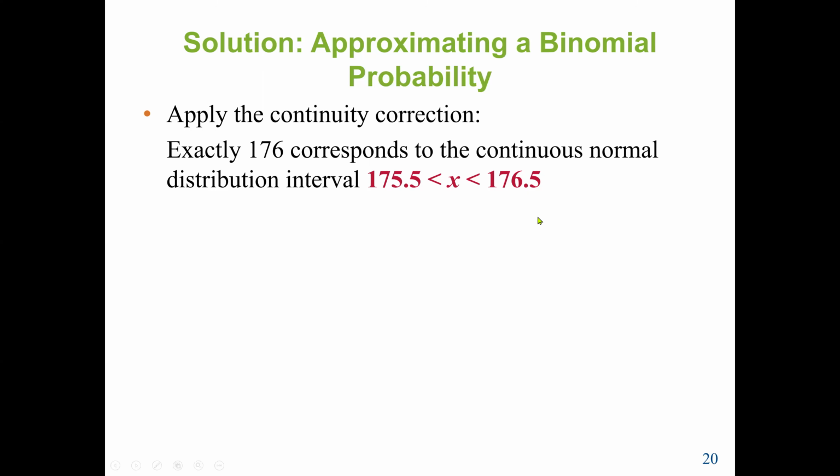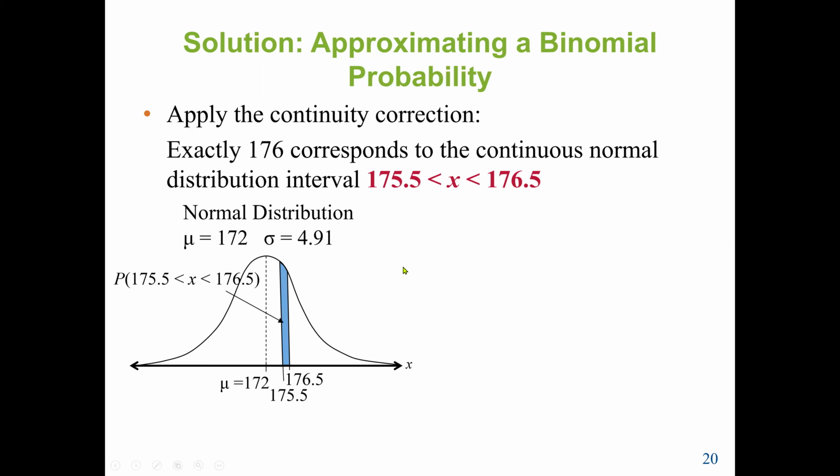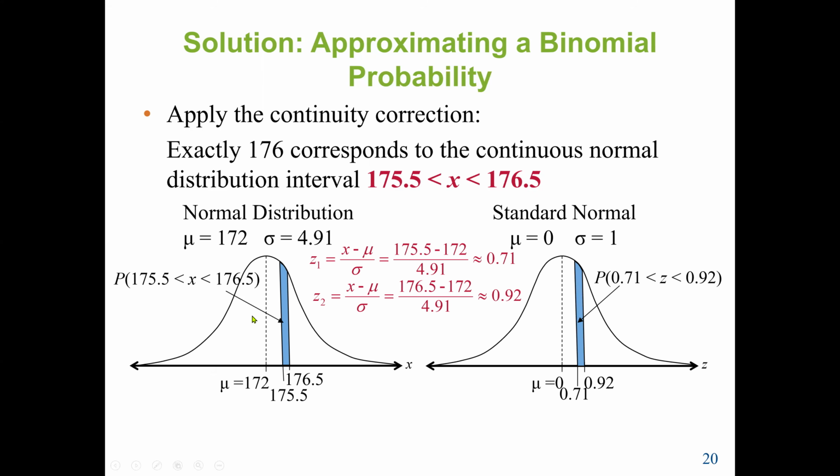Since it's exact, again, we have our normal curve. We come up with the z values, and we get a z for the first value, 175.5, and a z for 176.5 also. These are both of them here.